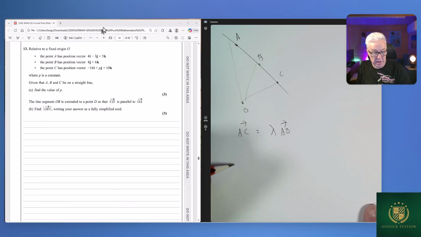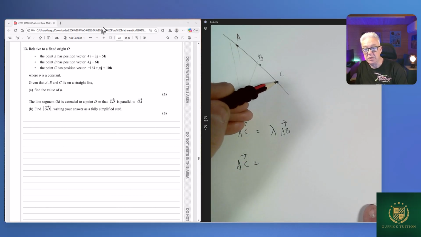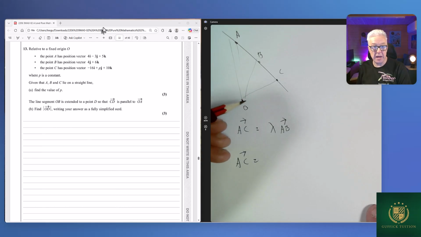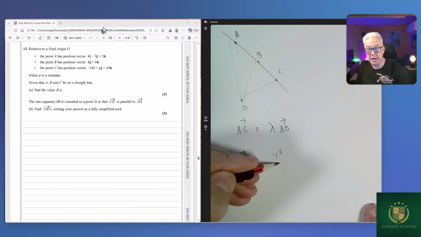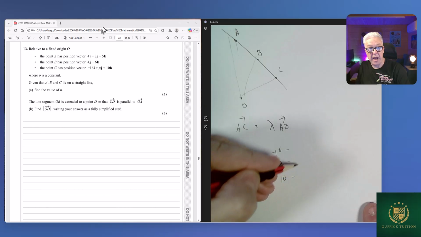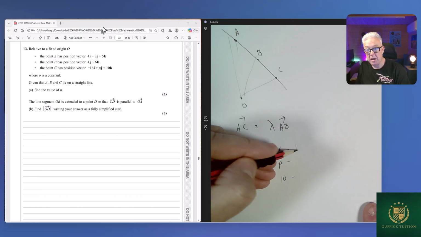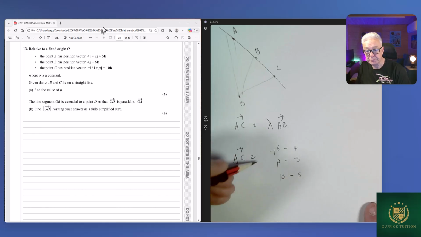So first of all, let's write down an equation for how I go from A to C. Well, to go from A to C, I need to do minus A add C, which is the same as C minus A. So that is going to be minus 16, p and 10, and we're going to subtract from that A, which is 4, minus 3 and 5.